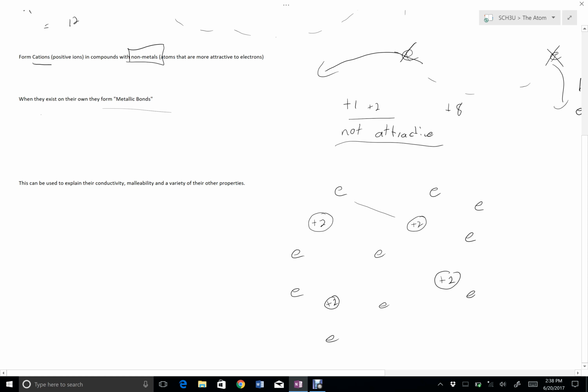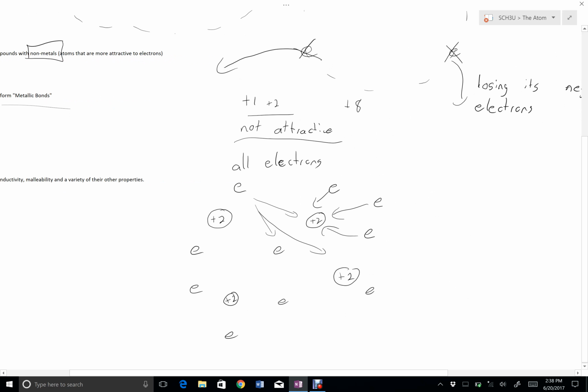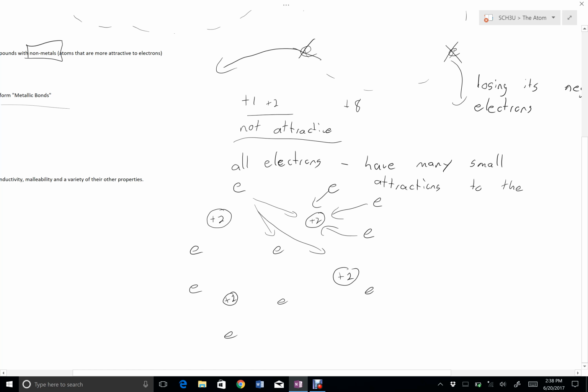All of these electrons have small attractions to these nuclear cores. All electrons have many small attractions to the +2 ions.